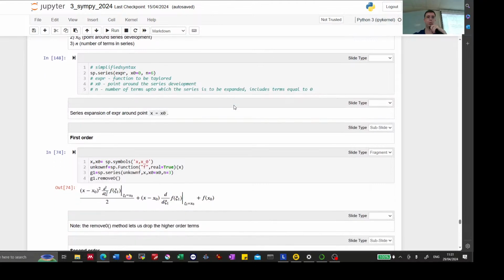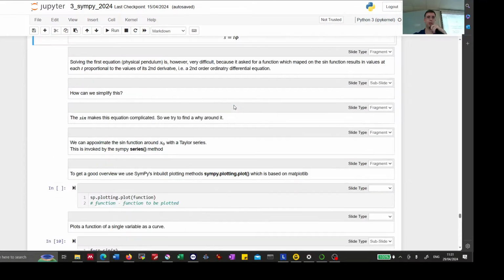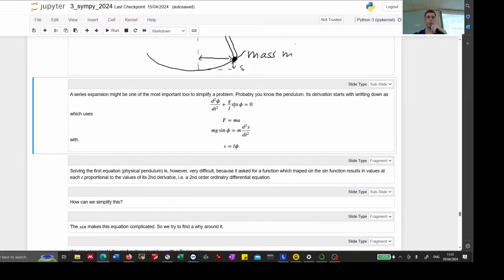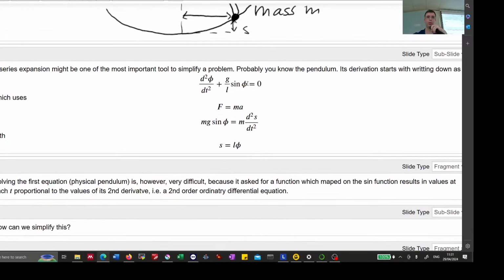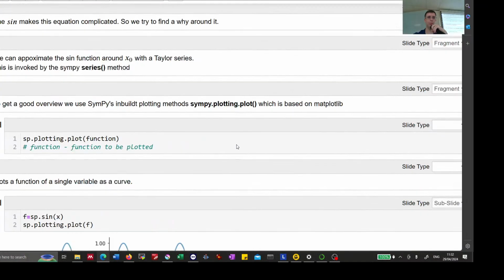So what actually is done, where is it? We do a Taylor approximation, and then we approximate this one here just as done. I thought I had that somewhere.